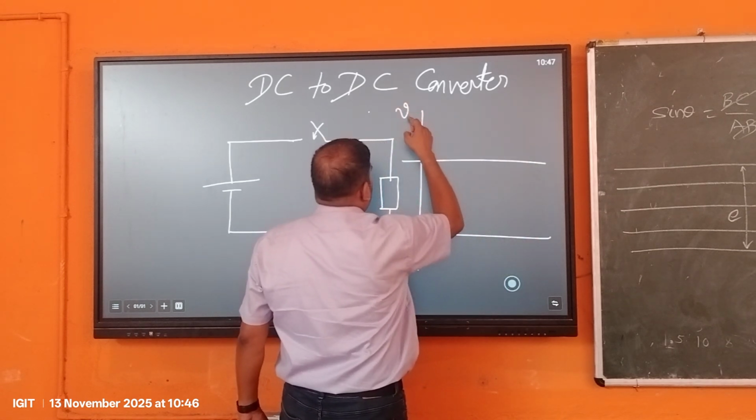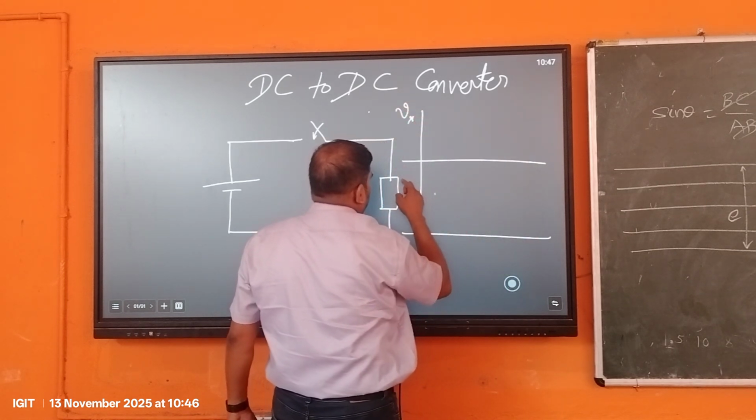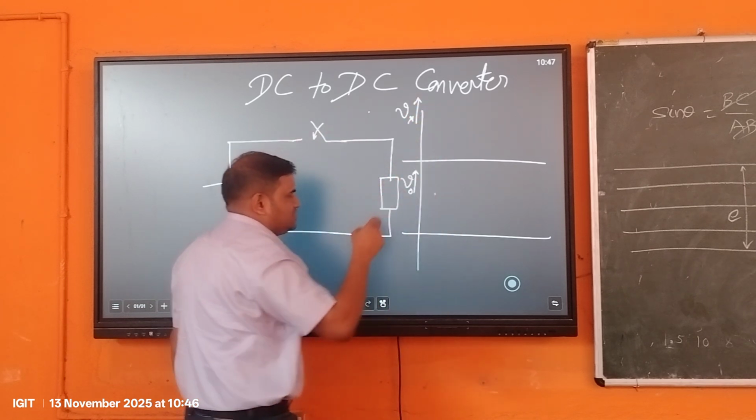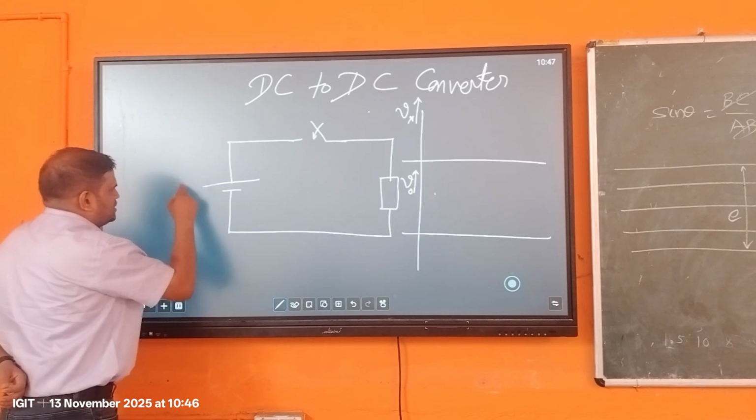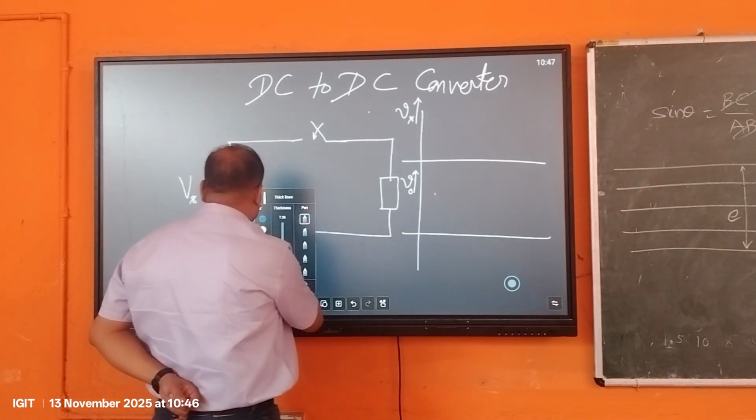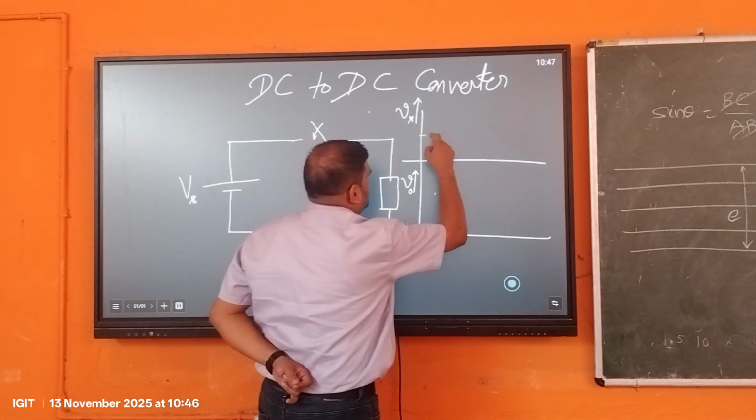Let us say the input voltage is Vs and the output voltage is V0. Since we are giving a DC supply, this supply voltage is a constant voltage of Vs. So here we are getting a constant voltage like this.